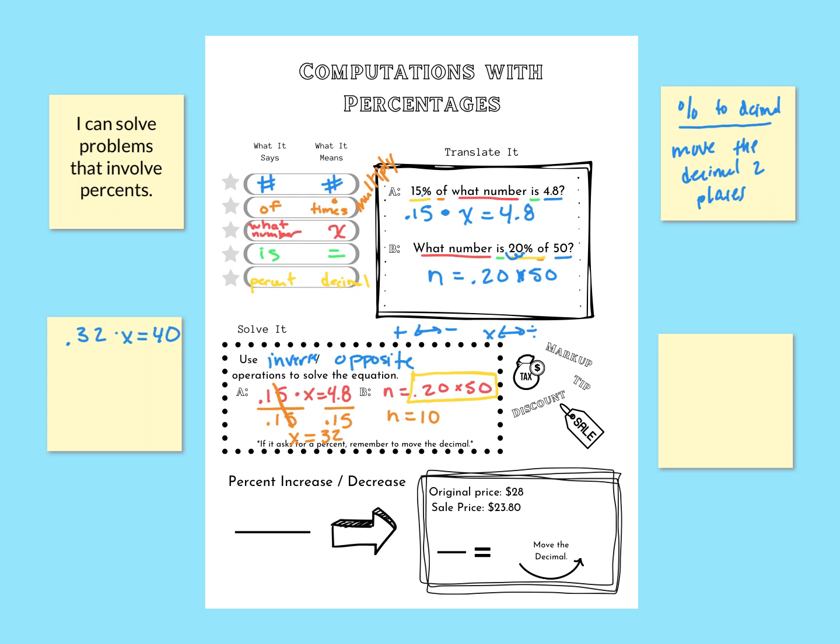So then the inverse of that, or the opposite, is to divide. I'm going to divide both sides. What was I multiplying by? I was multiplying by 0.32, so now I'm going to divide by 0.32 on both sides. So x equals, and then I would just put in my calculator 40 divided by 0.32, and we should get 125.